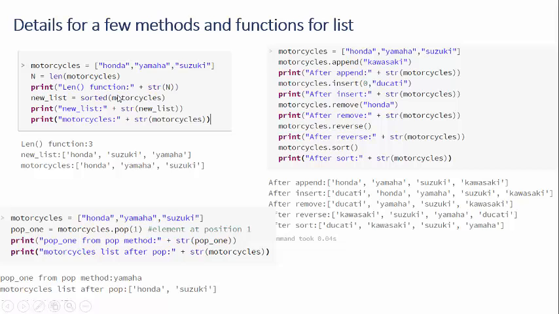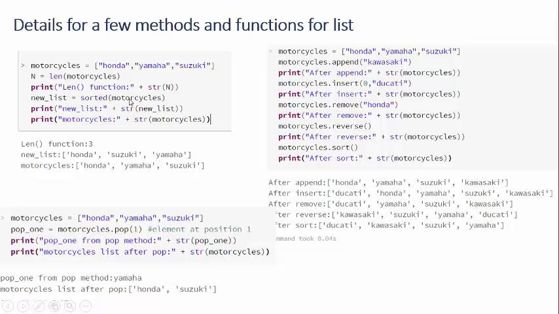When we apply the sorted function, the elements in the list are sorted, and then we have to save the sorted result into another list. So we create a new variable called new list. It's going to store the sorted motorcycles list. And as expected, the new list is Honda, Suzuki, and Yamaha, sorted by their first letter's alphabetic order.